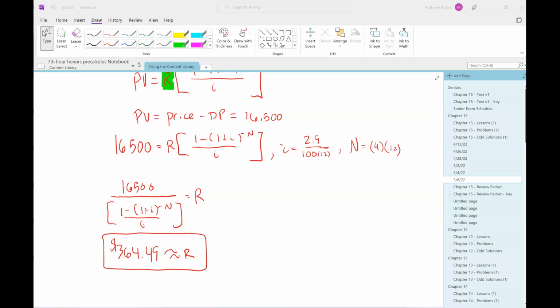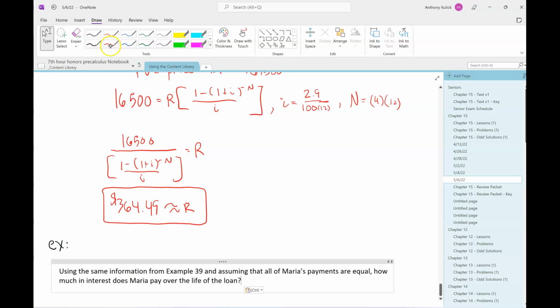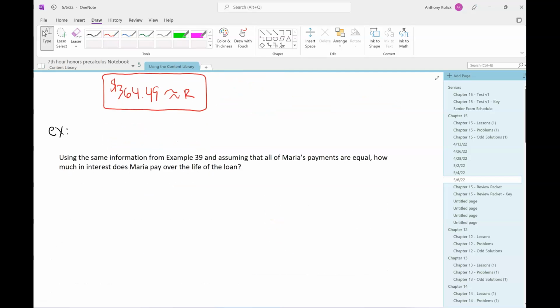So one more question here, and it's the obvious next one. What did old Maria here end up paying for the car? What are all the things that Maria paid? How much did this car actually cost her?